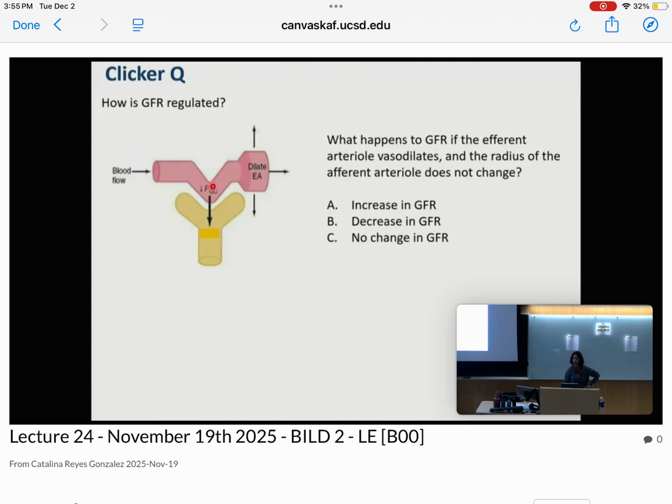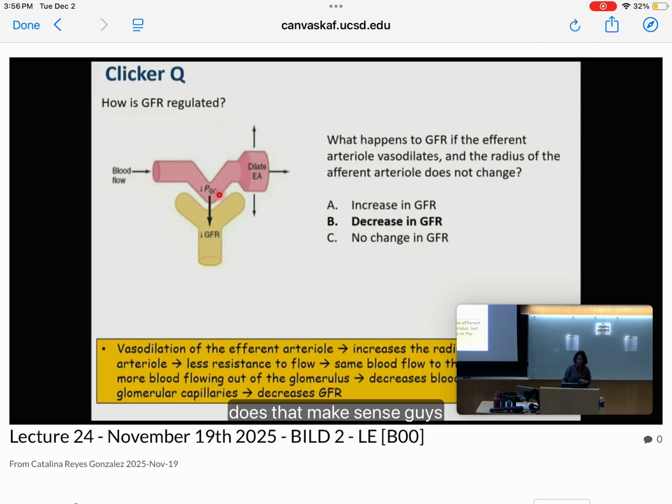Everybody with me? If blood volume decreases, what happens to capillary pressure in the glomerulus? What happens to that hydrostatic pressure? If I have less blood volume, do I have more push against the walls or less push? Less push, right? So capillary pressure decreases. That causes a decrease in GFR. Does that make sense, guys? So the same amount is coming in, but more is leaving, more than it should, because this is vasodilated.